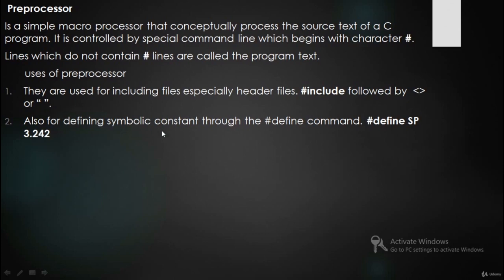Also, for defining symbolic constants through the hash define command. So you can define something like define SP 3.242. You can also use the preprocessor for hash error, hash define, hash if, hash endif, and so much more.